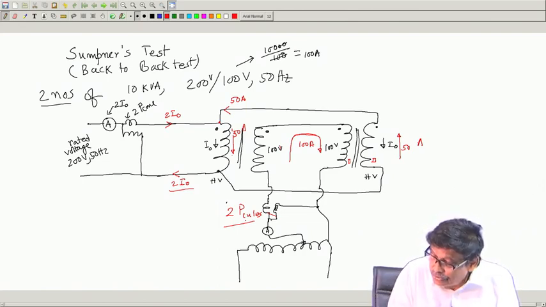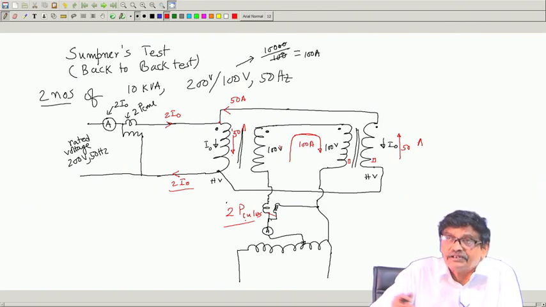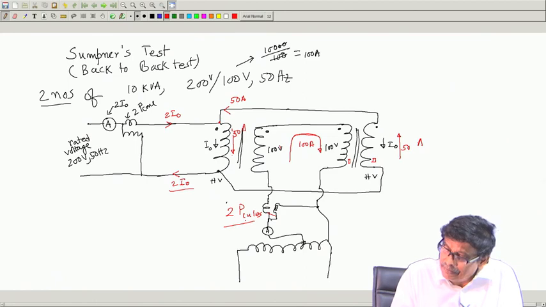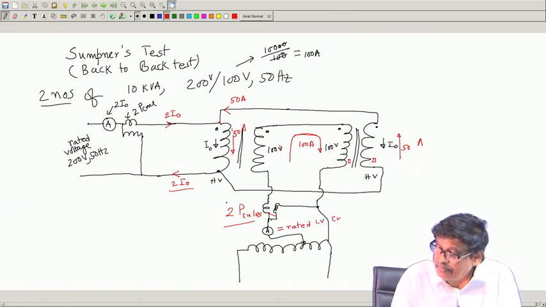From this source, second source here, which can supply large current, this ammeter reading of course will not be 2 times, these are in series. So, rated LV side current, this ammeter then should be based on this one, 100 ampere. So, this is equal to rated LV current, in this case LV side current.